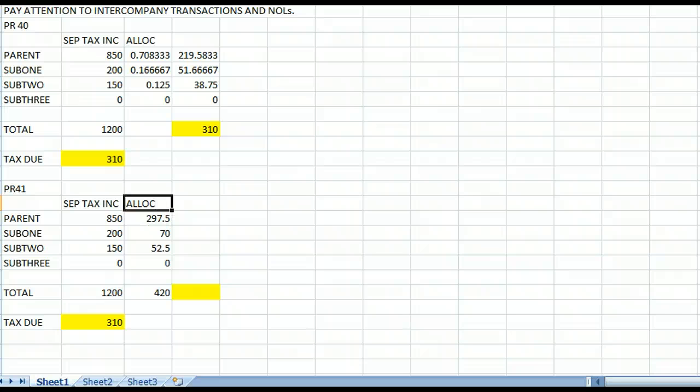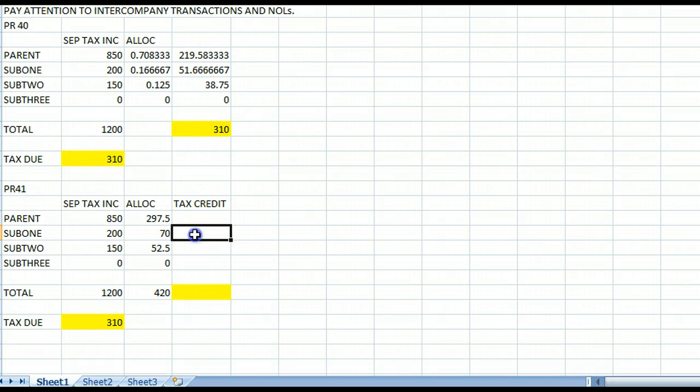Okay, but I've got a tax credit. Looking at the problem, you'll see that I have a tax credit of $70, an energy tax credit for sub 1. So let's put a column here for tax credit. And what we're going to do with our tax credit here, we're going to put that sub 1 tax credit that they have for $70.